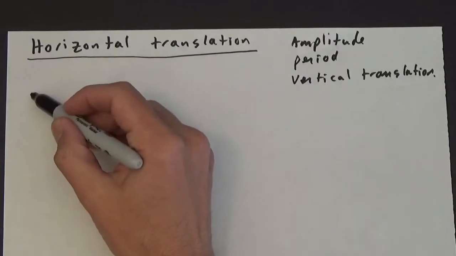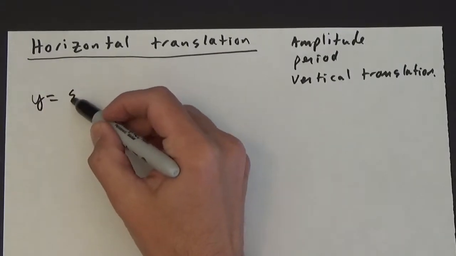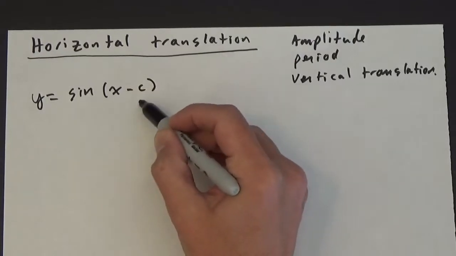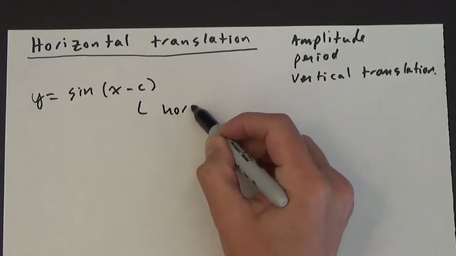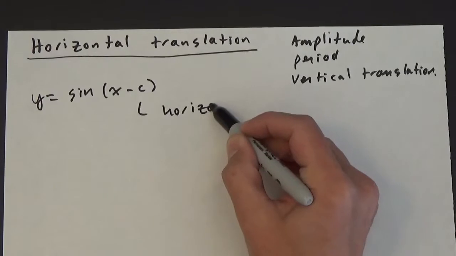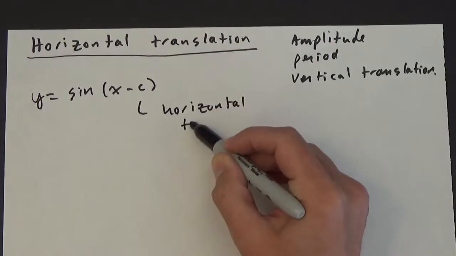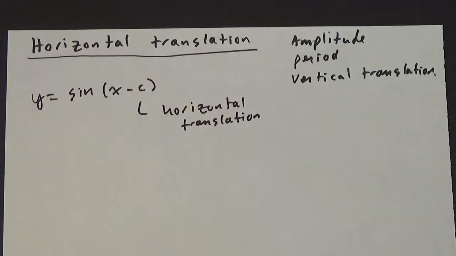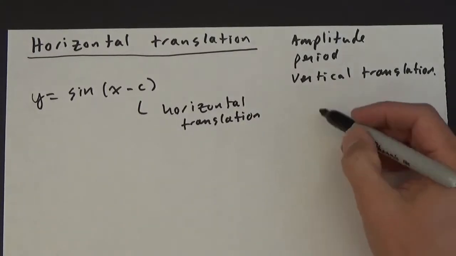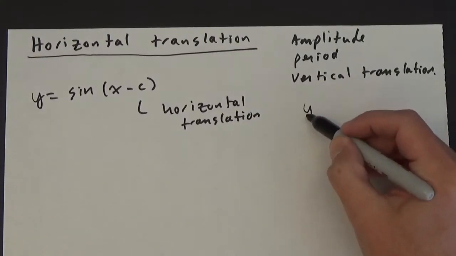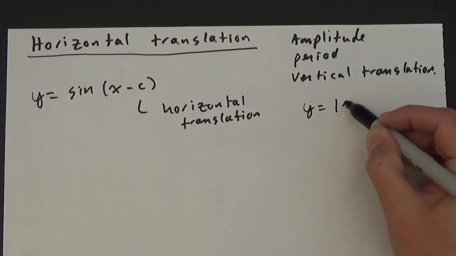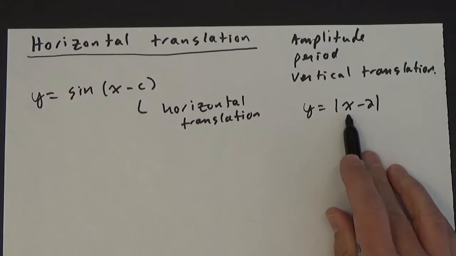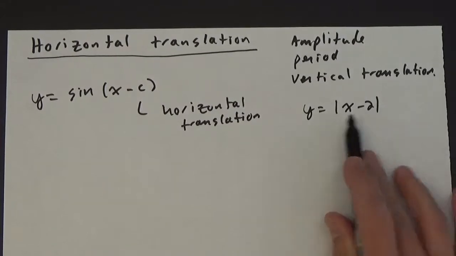So if we have y equals sine of x minus c, this c here is the horizontal translation. And we've seen this before. If we have y equals the absolute value of x minus 2, this is the absolute value function shifted to the right 2 units.